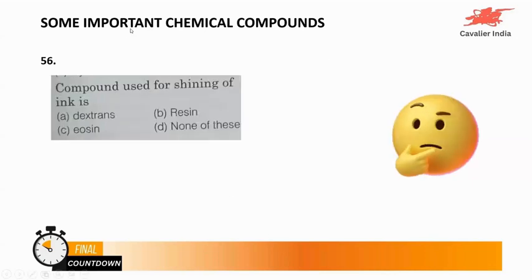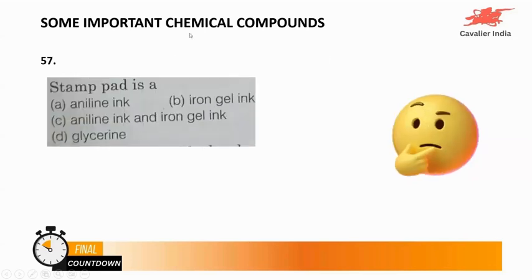Compound used for shining of ink is, which is the compound which is used for shining of ink? Usually resin is used as a compound for shining of ink.